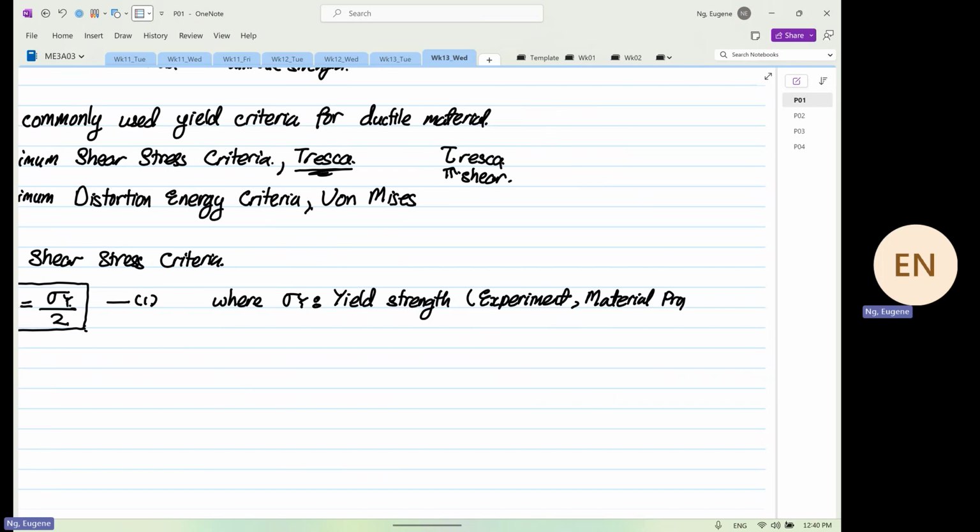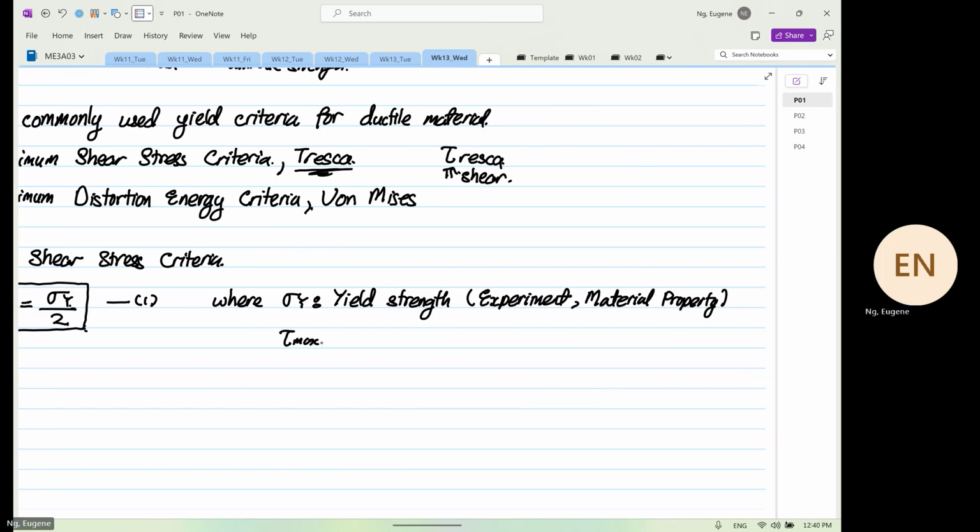I have a student doing a PhD, where we are trying to predict the yield strength. But most of the time, up to now, the technology on yield strength prediction is still very experimental based. And then you will see tau max.